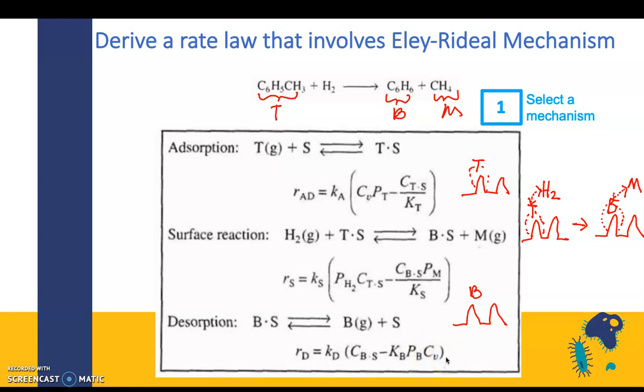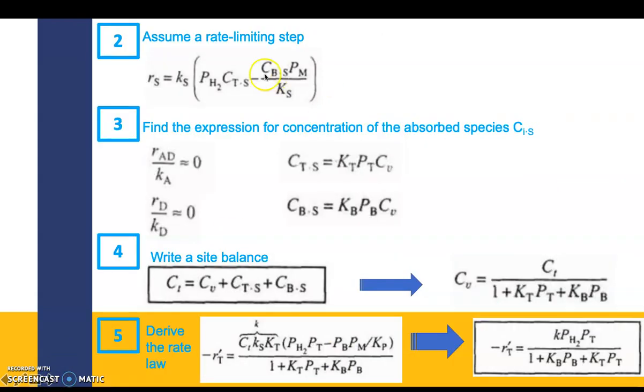The next step is we need to assume a rate limiting step. For this chapter, I always tell you that we need to assume the surface reaction is the slowest step. When the surface reaction is the slowest step, it becomes the rate limiting step.